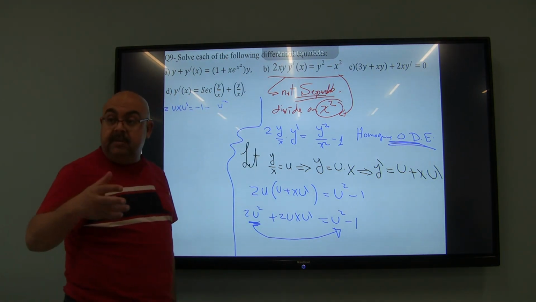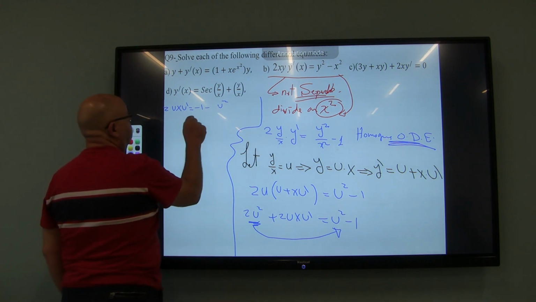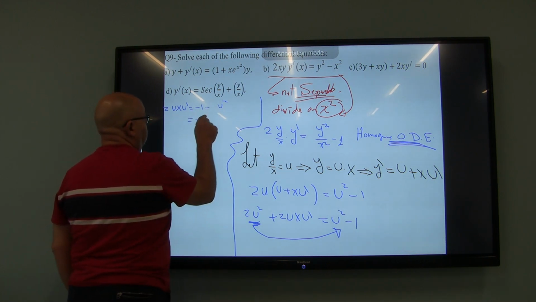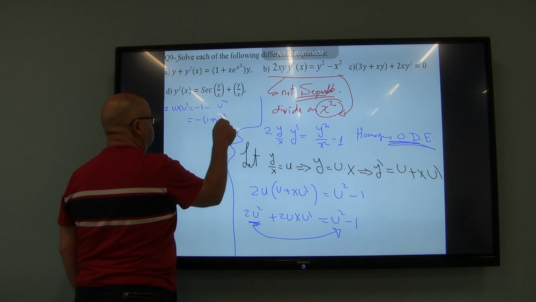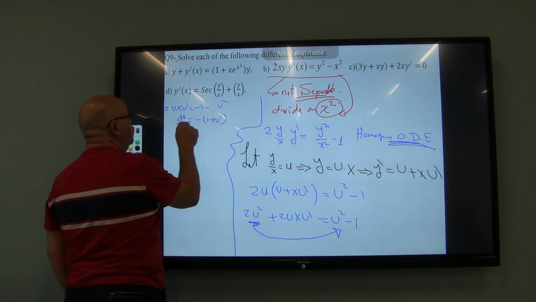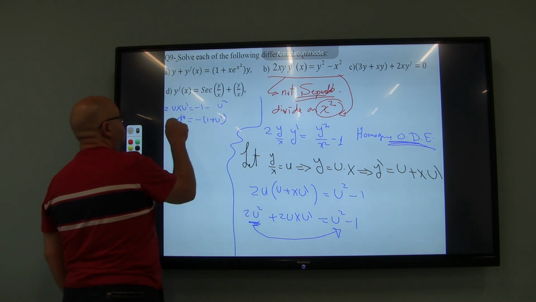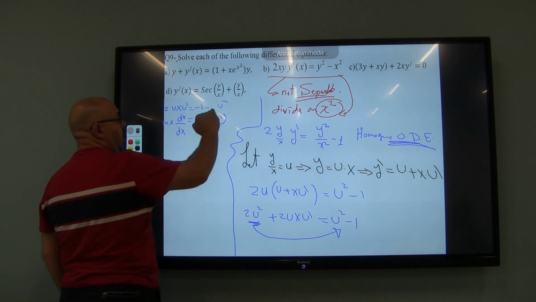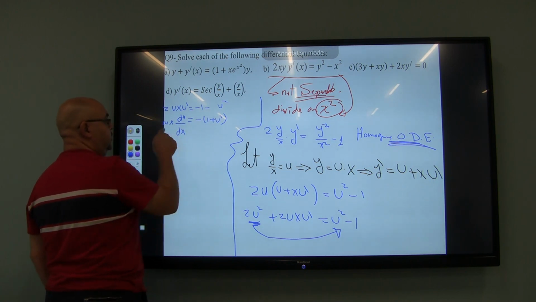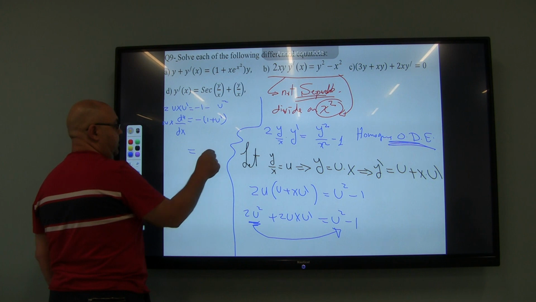Now we can separate. So I can say that this equals negative of 1 plus u squared, this is du by dx, this is x, that's 2u. I will move 1 plus u squared to this side and dx over x to the other side.